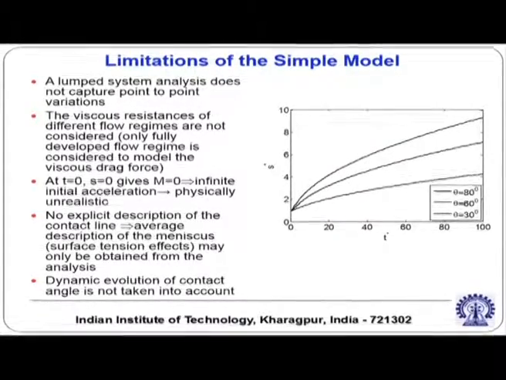Whatever value of contact angle we are using is actually called a static contact angle, but it may not remain as it is, and it will evolve in the form of a dynamic contact angle as the capillary front progresses. So, these are certain considerations which need to be put into the mathematical model. Some of these considerations, remember, are big research issues which have not yet been very convincingly resolved.